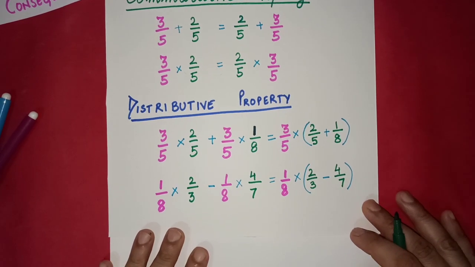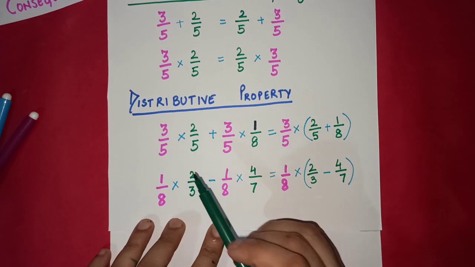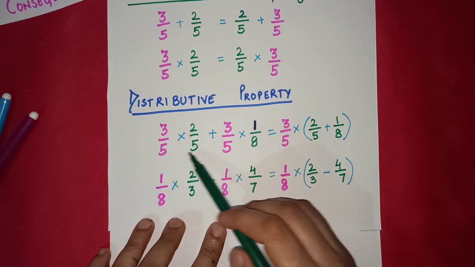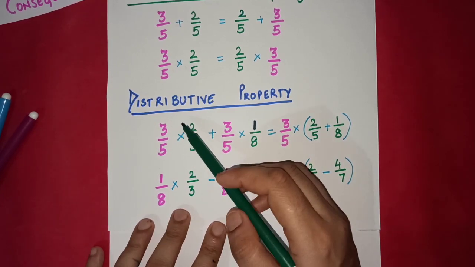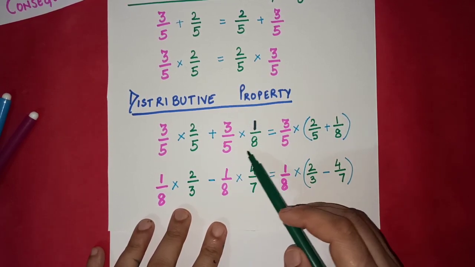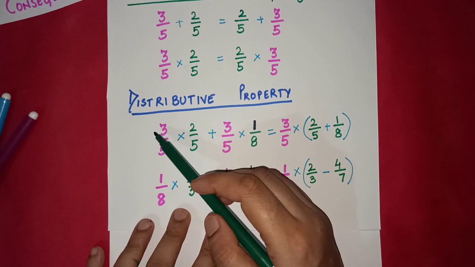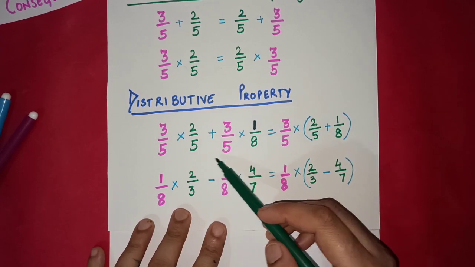Next main property is the distributive property, where you can see two expressions of multiplication are being added and their first term is the same. The first term of these multiplication expressions is the same term.